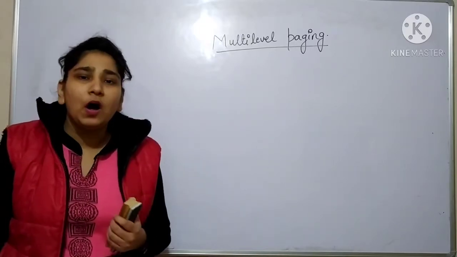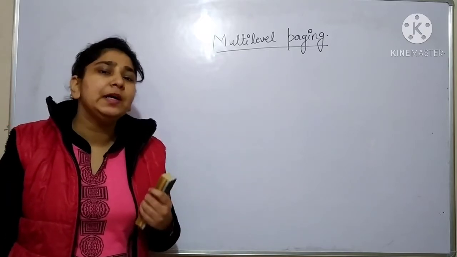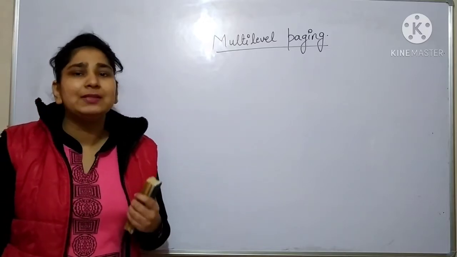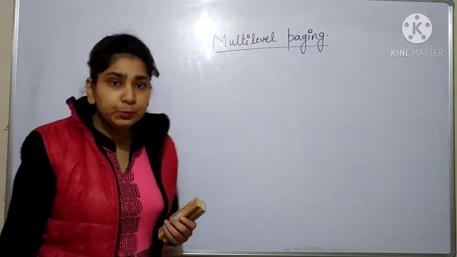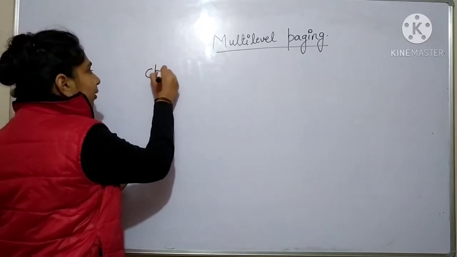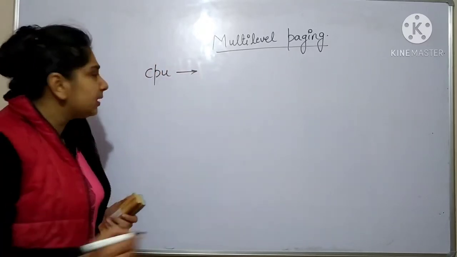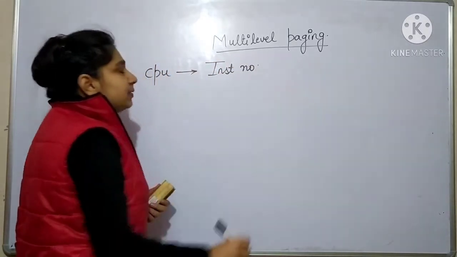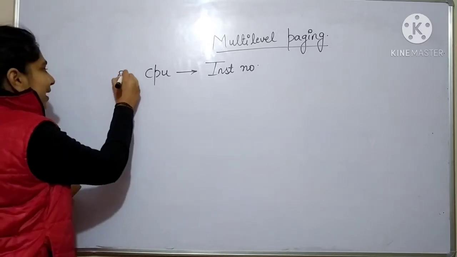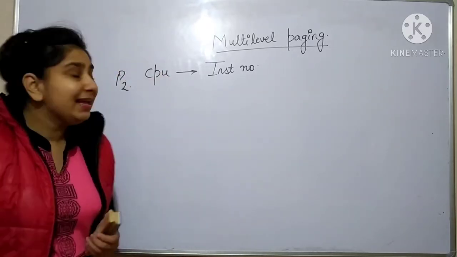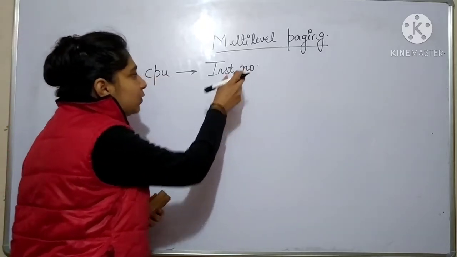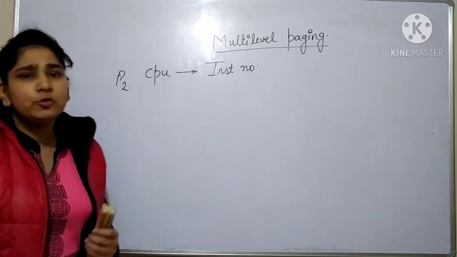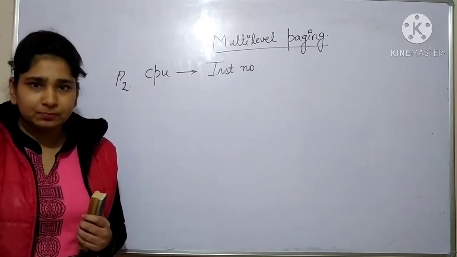If you have watched my last video on conversion from logical to physical address in non-contiguous allocation, let's suppose your CPU is executing process P2, and your CPU is requesting some instruction number. How will we provide that instruction number to the CPU?